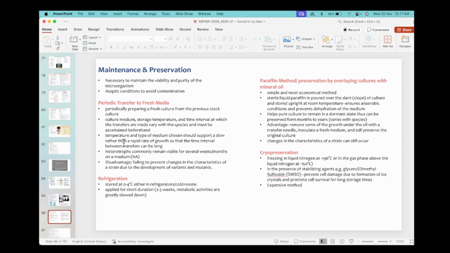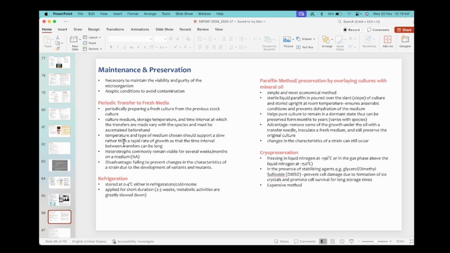So either you keep it at 4 degrees Celsius, or you add paraffin oil on top. And finally, cryopreservation is freezing in liquid nitrogen. If you want to use freezing as an approach, quick freeze, then when you want to use it, slow thaw.